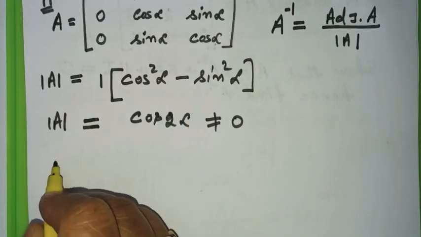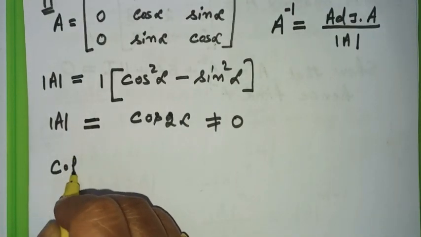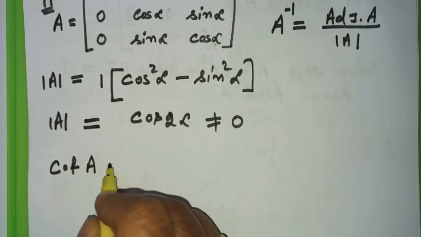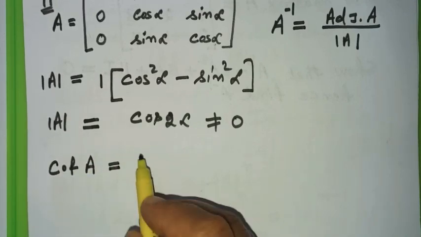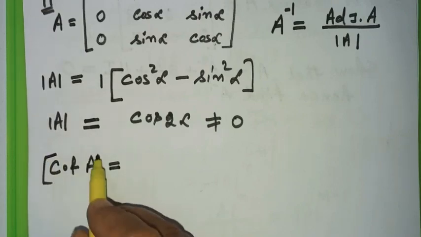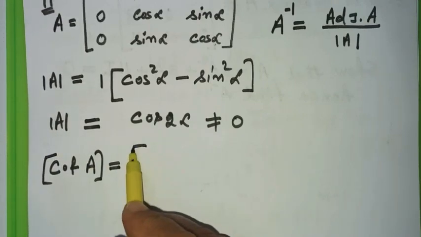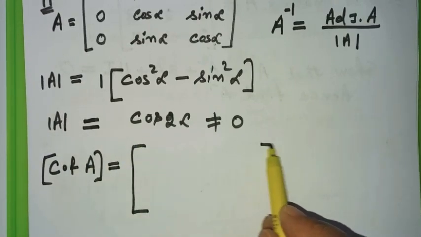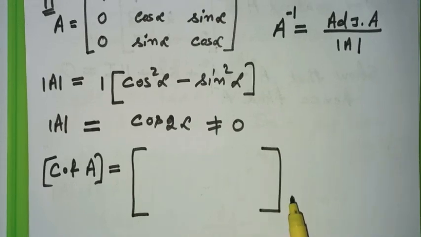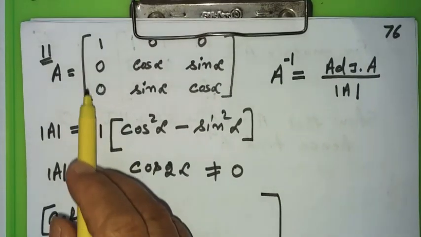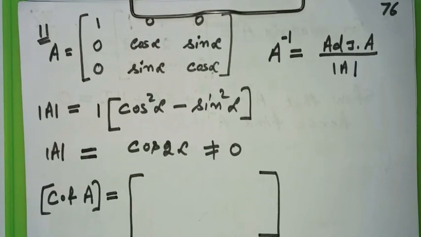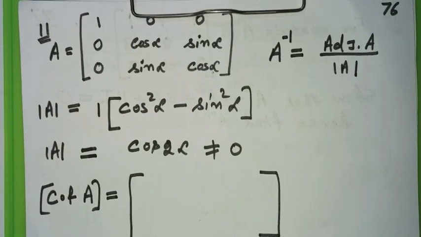Now we have to find the adjoint of A. To find the adjoint of A, we have to find the cofactor of A. To find the cofactor of A, let me find the cofactor of every element individually. So let me find the cofactor of the first element, that is A11, A12 and so on.